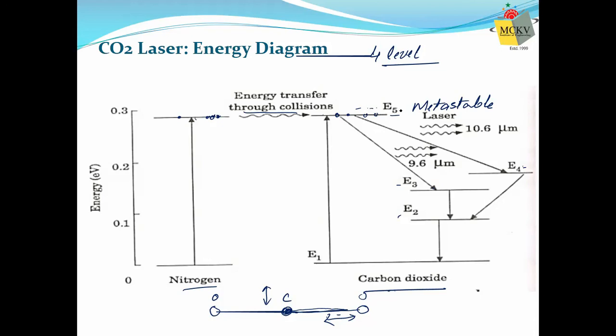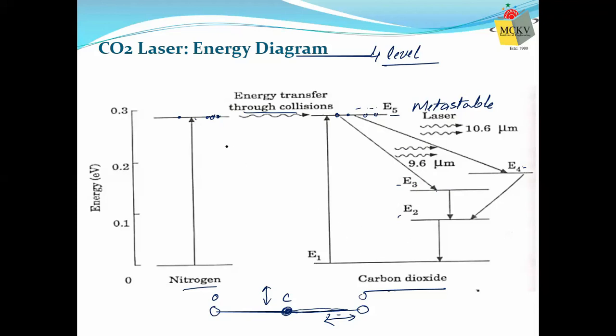Same process. The atoms do not de-excite to E4. They de-excite to E3 directly. That is also possible here. I'm not going into that. Why? In some cases there is some restriction. In some cases there is not. But it is what happens here.